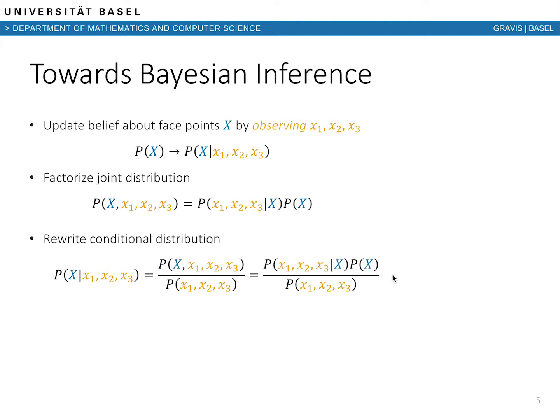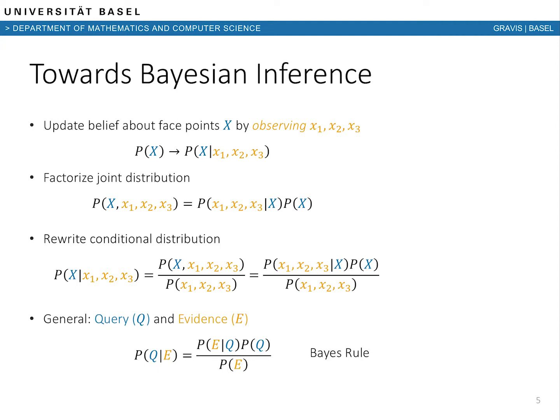And if you don't recognize this formula here, let me replace it into a more general setting. We would now call all the blue variables query variables and the observed variables, the orange ones, evidence variables, to get rid of all the x's we have. So if I rewrite it, we would here recognize Bayes' rule.